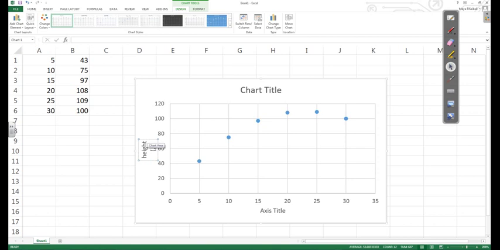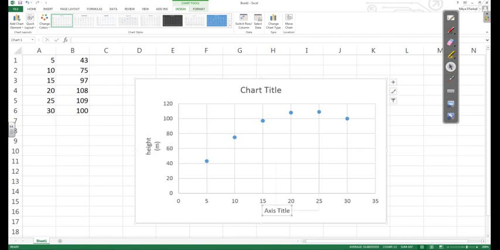What goes on the x-axis? The distance in meters. And the chart title would be the height of the rocket. That's what it says. Okay, perfect.